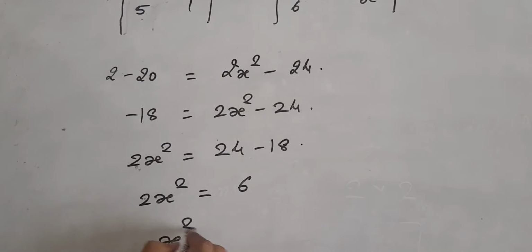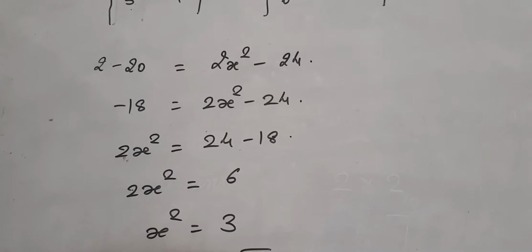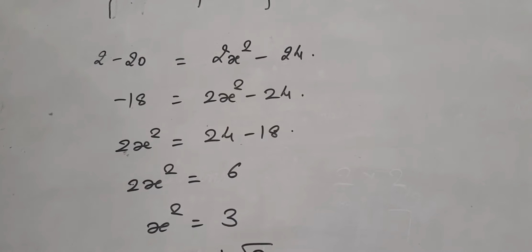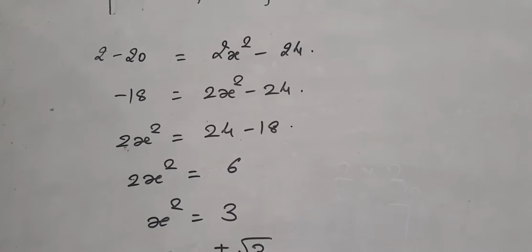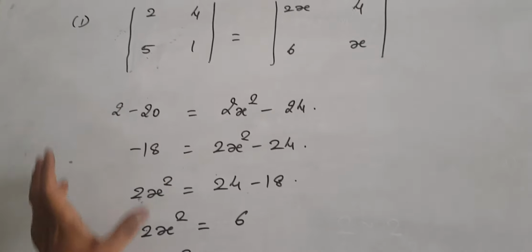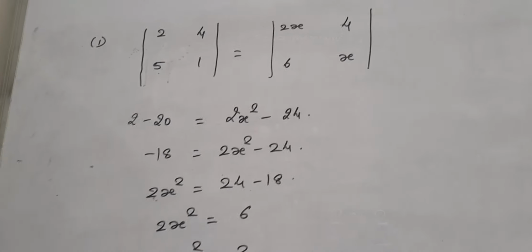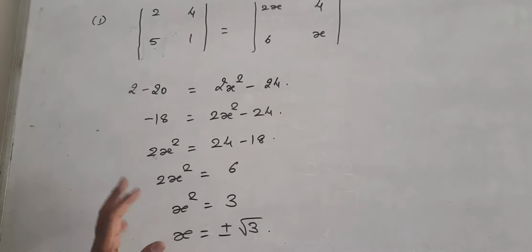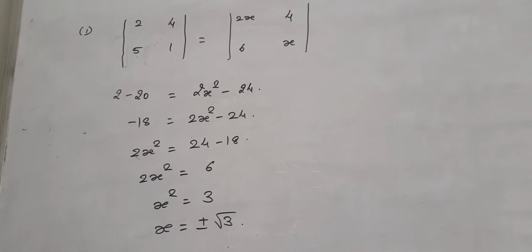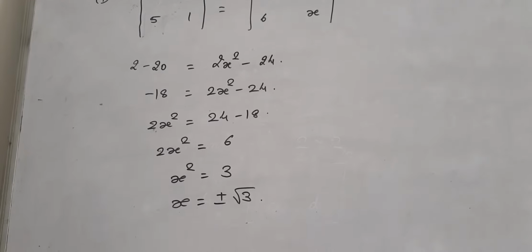So x square is 3, so x is equal to plus or minus root 3. So here I have used equality and value of a second order determinant, and we get it this way. Sometimes in some examples you will get a quadratic equation, and you have to solve that equation.